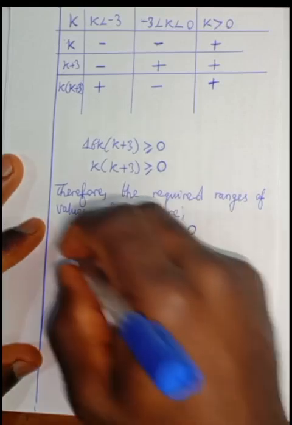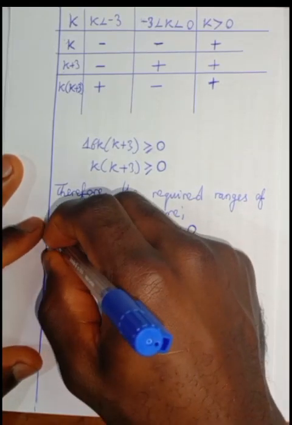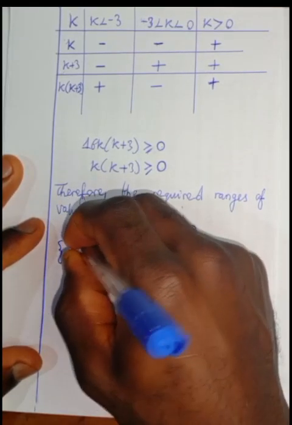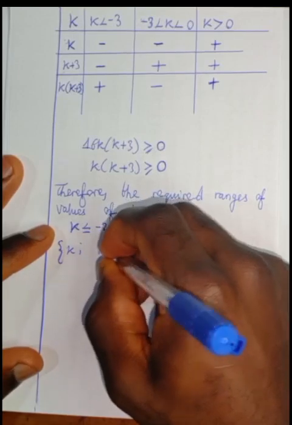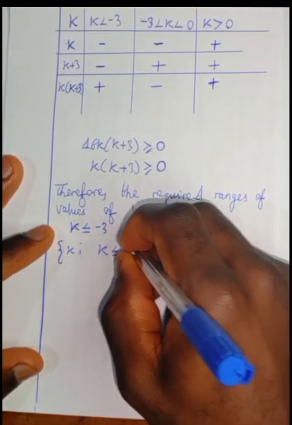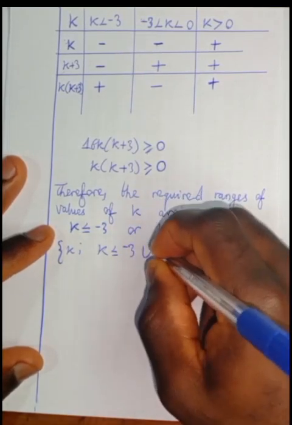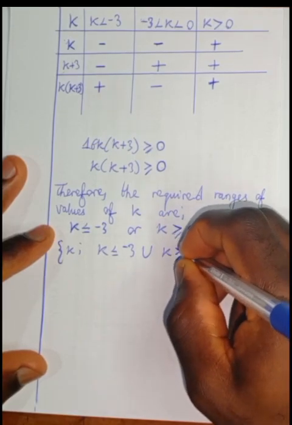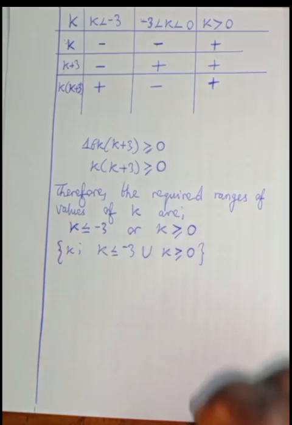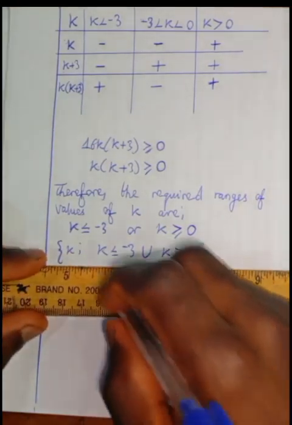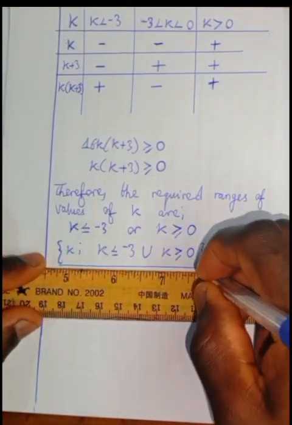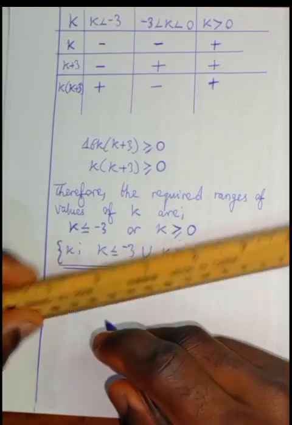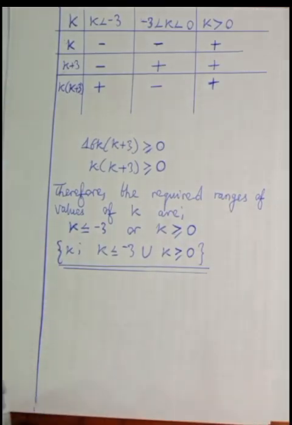Of which we can write this as, given it as a set. We have k such that k is less than or equal to -3 union k is greater than or equal to 0. So these are the range of values of k such that if you make use of them, our given quadratic equation will have real roots.